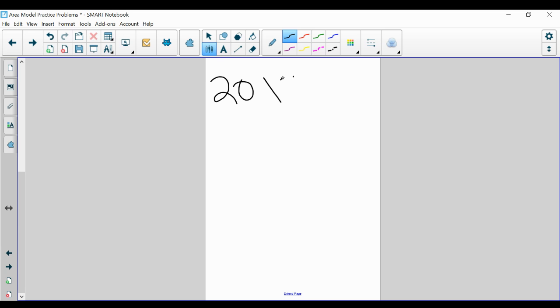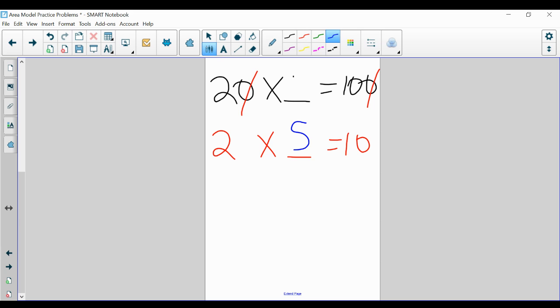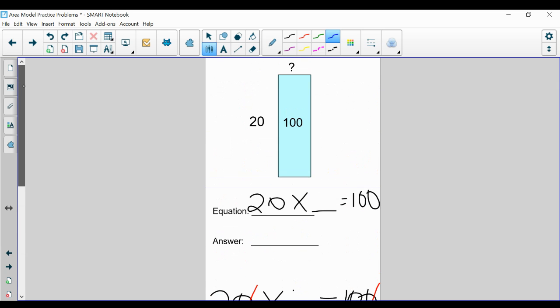So 20 times something equals 100. So break it down. Turn it into 2 times something equals 10. Take away both those zeros for a second. I bet all of you can tell me what that is, right? It's 5. The only difference between this equation down here and this one up here is that we have the 0 here. So 20 times 5 is 100.